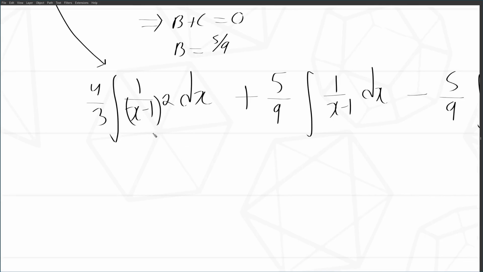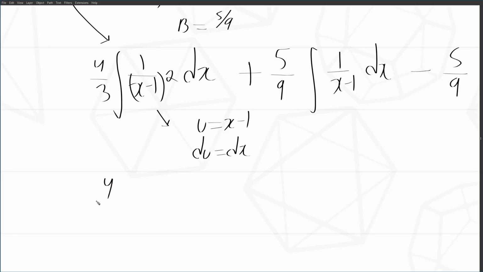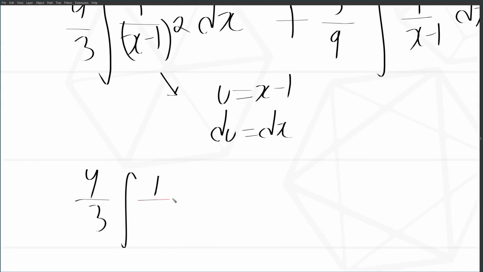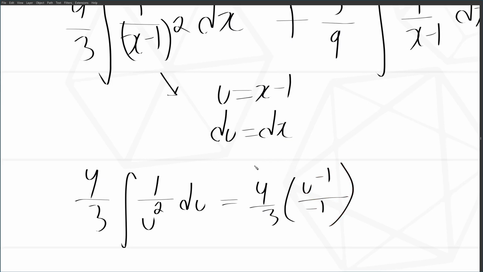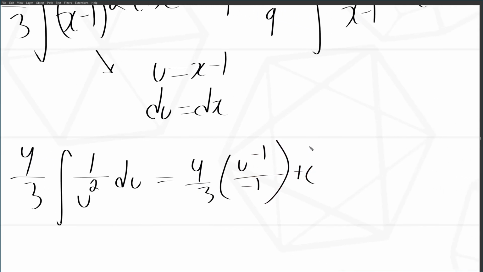Okay, so for this guy, let u equal x minus 1, because then du is equal to just dx, which is pretty simple to deal with. Okay, so rewriting that, we're going to have 4/3 times the integral of 1 over u squared du is going to be equal to 4/3 u to the negative 1 divided by negative 1 by the reverse power rule plus c.